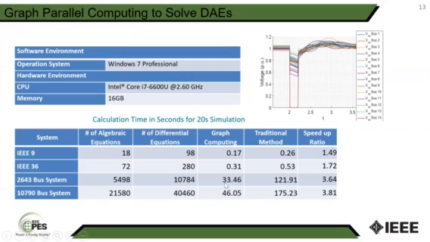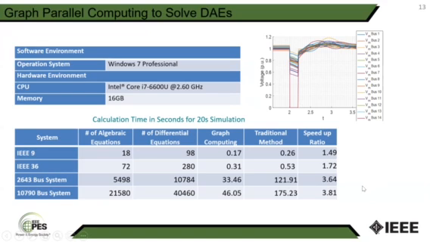It takes 33 seconds for the 2600 bus system using graph computing, and 122 seconds using the traditional method. For the 10,000 bus system, it takes 46 seconds using parallel computing and 175 seconds for the traditional method.